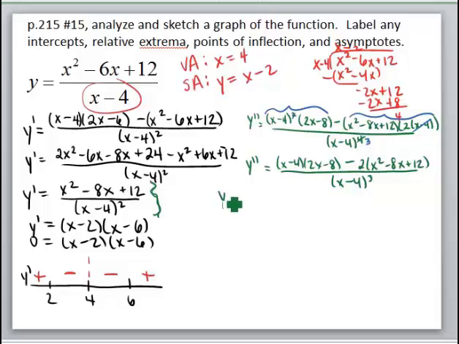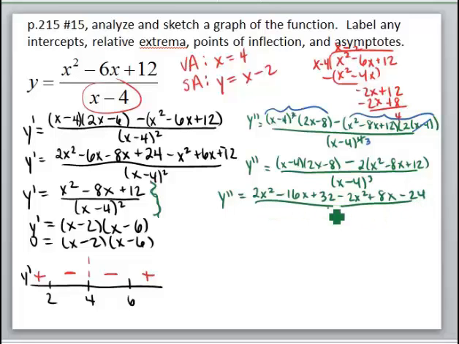Now it looks like this isn't going to simplify very well, but it actually does. I end up on top when I FOIL this with 2x squared, a minus 8, and a minus 8 is minus 16x, and a positive 32. Minus 2x squared plus 8x minus 24 all over x minus 4 cubed.